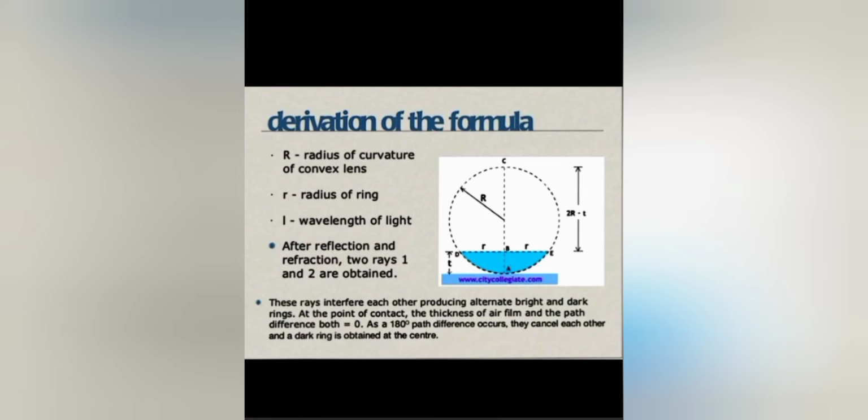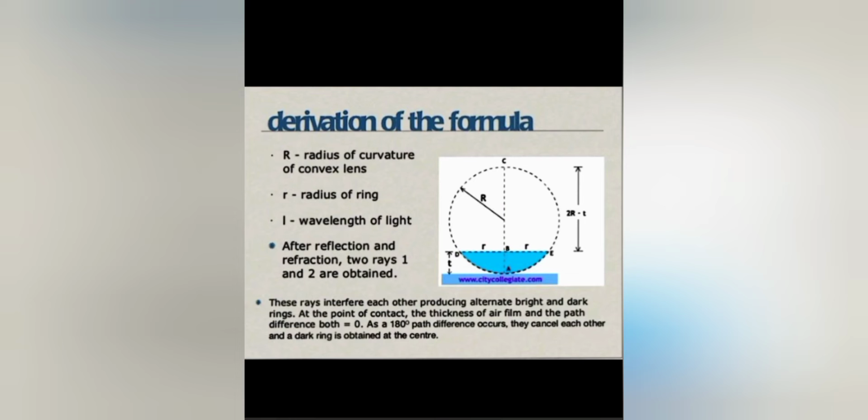At the point of contact, the thickness of the air film and the path difference are both equal to 0. As a 180-degree phase change occurs, they cancel each other and a dark ring is obtained at the center. Why a dark ring is obtained at the center, we will discuss at the last.